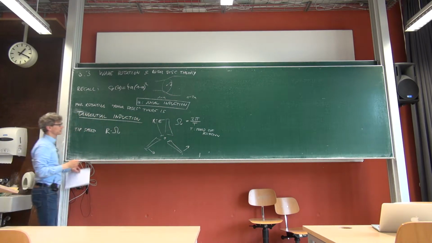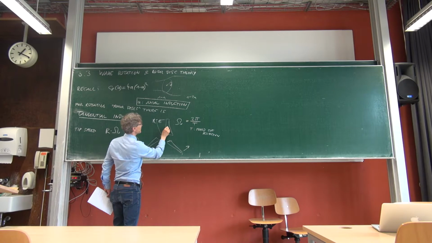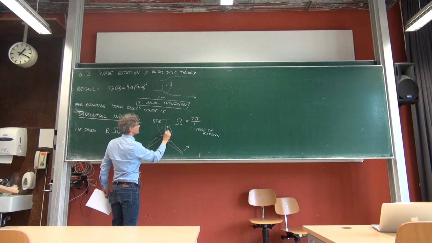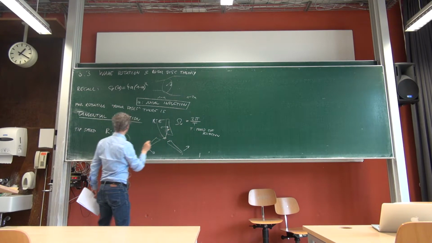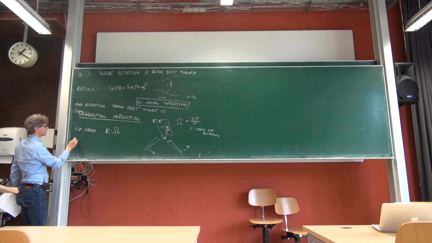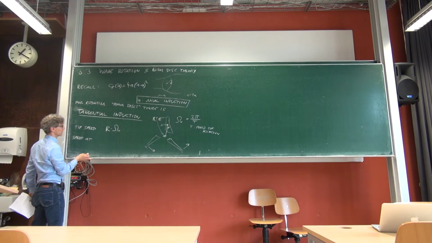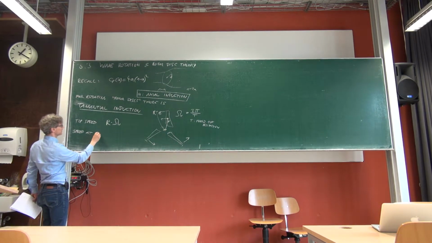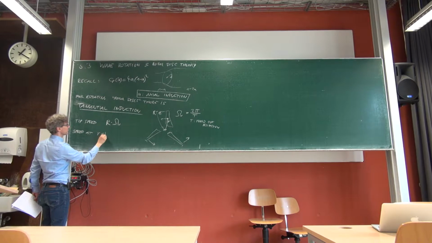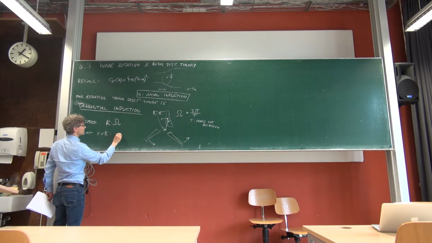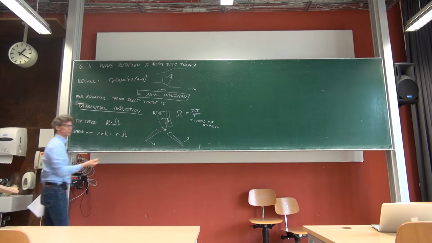That's the tip speed, and if you are at other locations, here for example, we call this distance from the origin, I should always go to the center, I call it little r, right? And the speed of our blade at r, r smaller than big R, is of course r times omega. No problem about that, right?